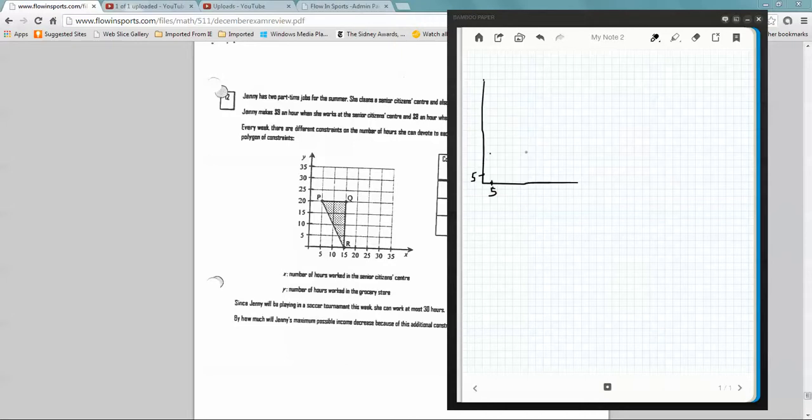We call that guy P. It's really based on this box we have here. It's P, 5, 20. We've got Q, which is 15, 20. And we've got R, which is 15, 0.